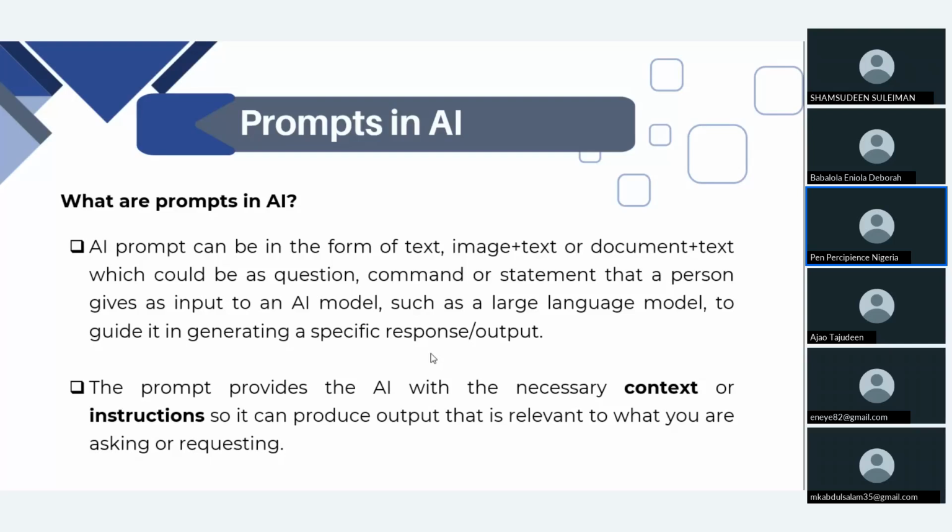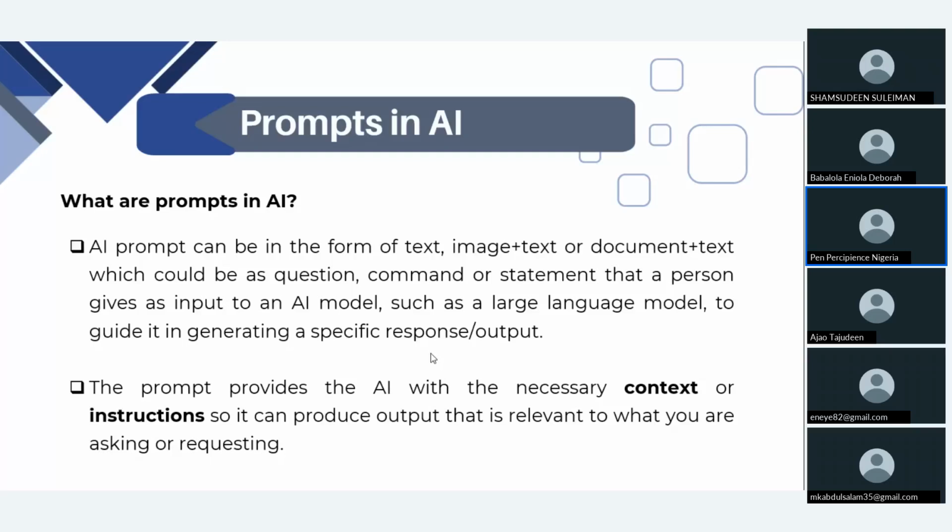So the prompt provides the AI tool with the necessary context or instruction so it can produce output that is relevant to what you are asking or requesting. I know you have been hearing of prompts, but that is the length and the breadth of what a prompt is all about. A prompt is the language that every AI tool understands.